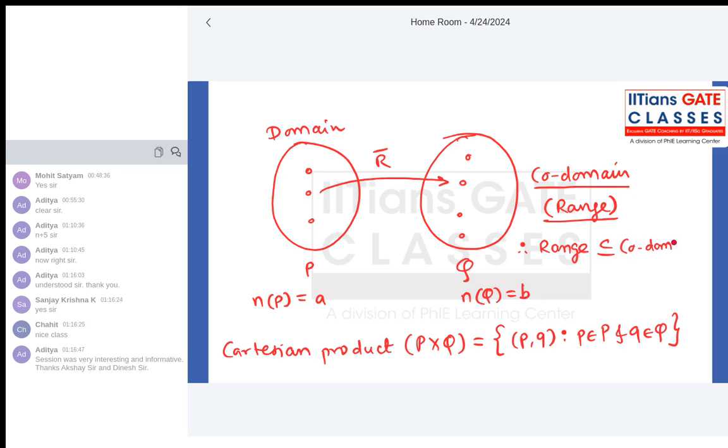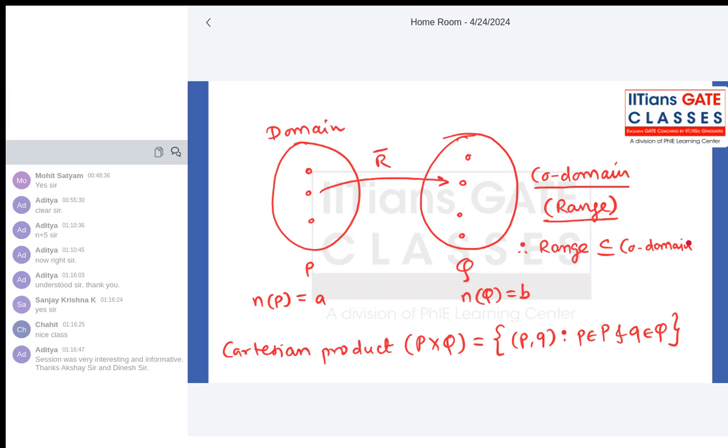This is a very famous result, and you should remember it. In some questions, they try to confuse students with codomain, range, and so on. But for all practical purposes, you can assume that we call them range, because those are the actual outputs that a function or relation gives.